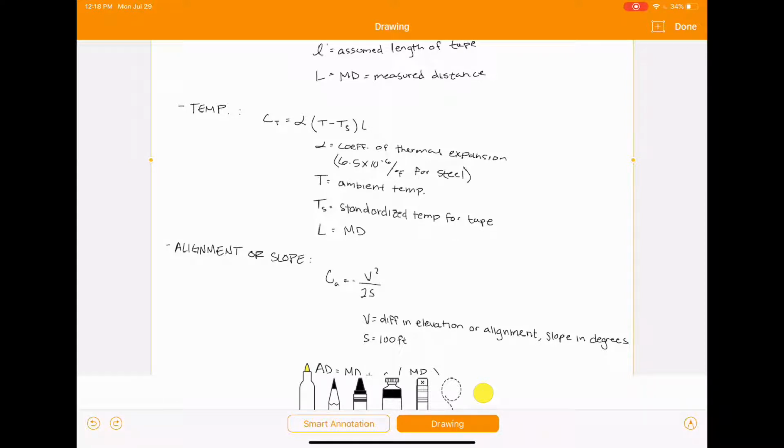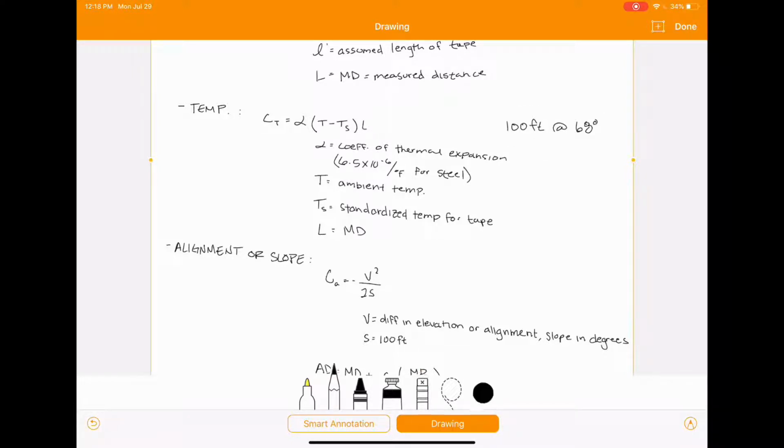T is your ambient temperature, and TS is your standardized temperature for that tape. Oftentimes your tapes will come with a standard length and temperature. It'll say this tape is 100 feet at 68 degrees. What that means is the length is going to change as your temperature changes from 68 degrees, but at 68 degrees, this tape is 100 feet.